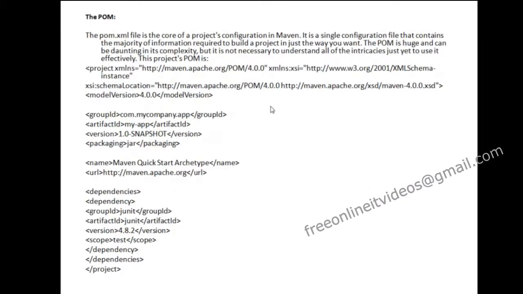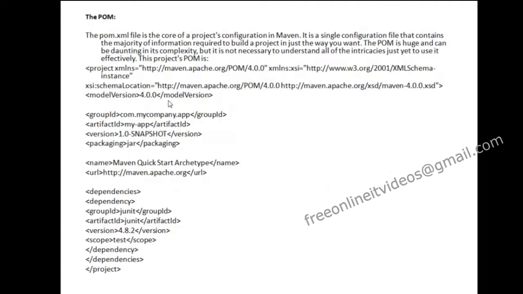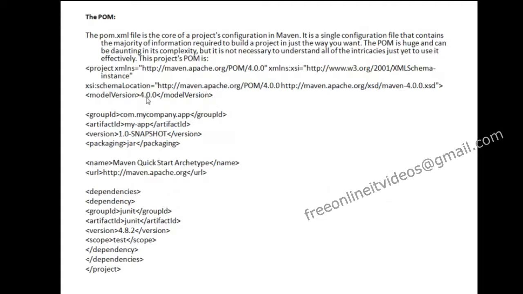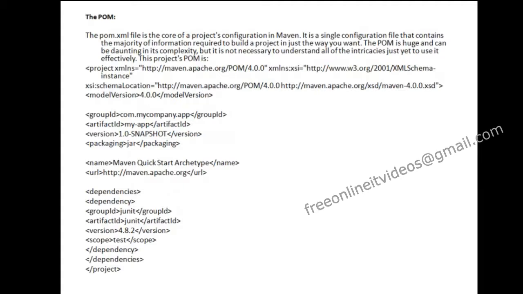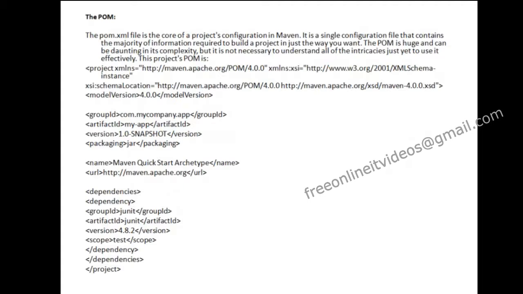It's all XML tags. It says the model version, which is the version of the pom.xml model you are using, 4.0.0. Then the group ID, some company group ID. It's not something that must be exactly as specified here, you can give something random.